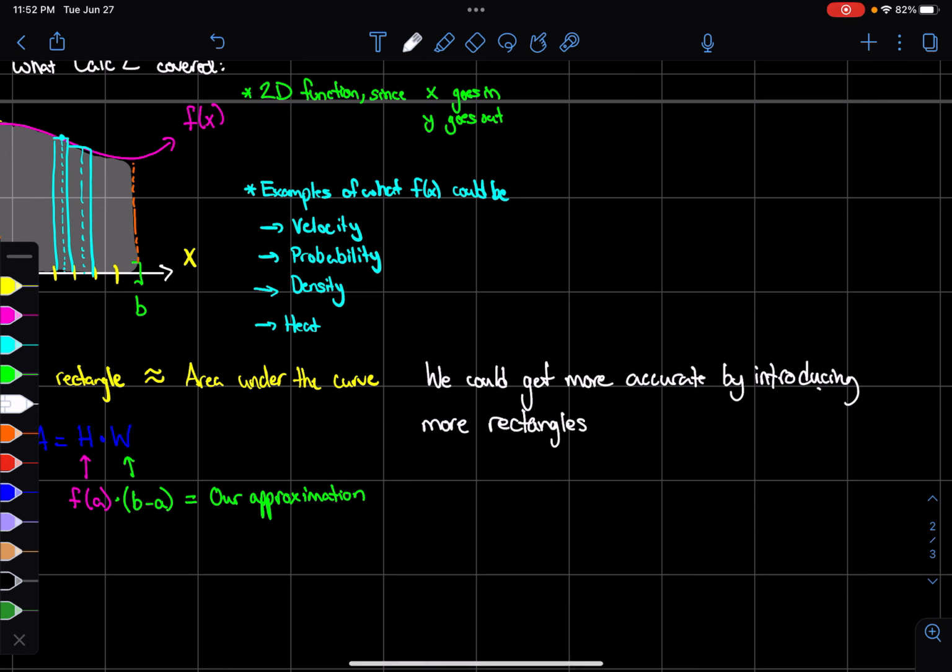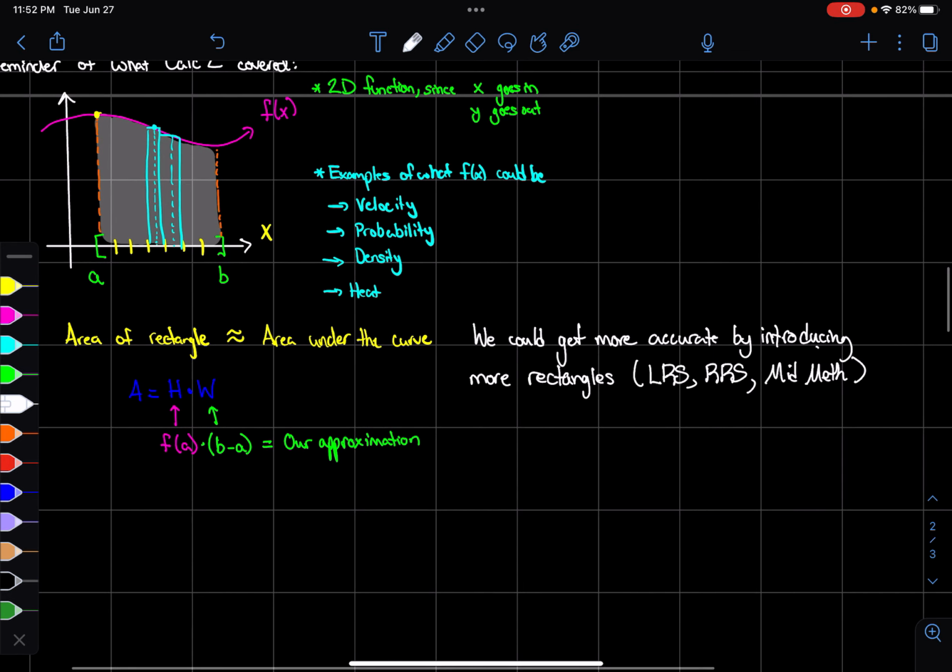Okay, and it didn't matter if we were using the left Riemann sum, the right Riemann sum, the midpoint method, trapezoid method, whatever. It didn't matter. We could just add more rectangles.